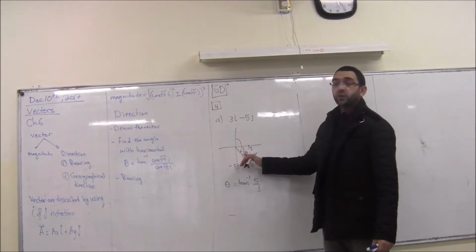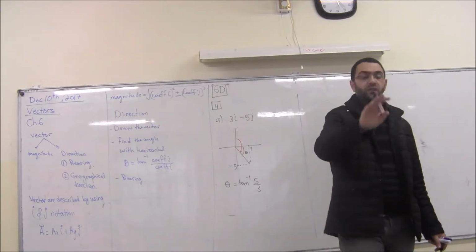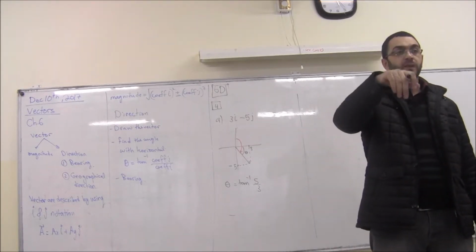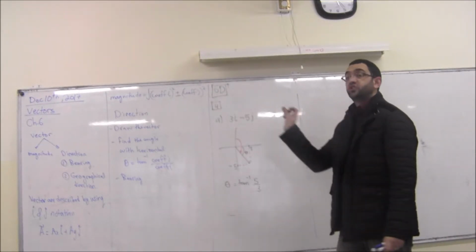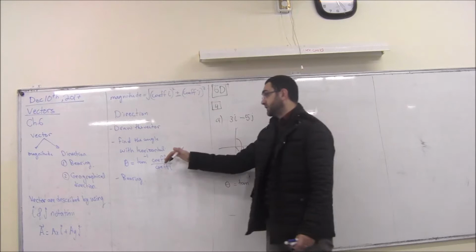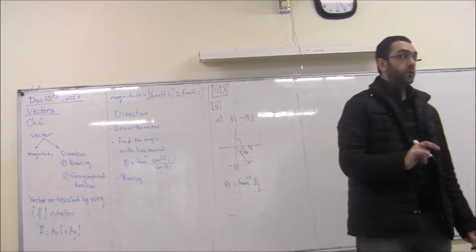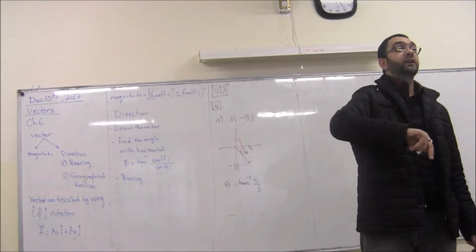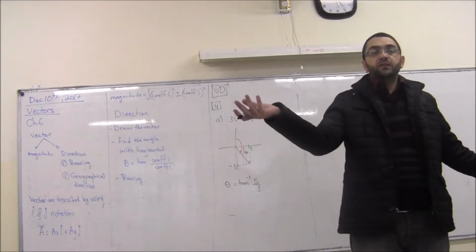Guys, when I took theta with the positive x-axis or the x-axis, whatever, positive or negative, just pay attention, please. Without deep thinking, which is opposite and which is adjacent, I will take it as coefficient of j over coefficient of i. You can't take it from any.